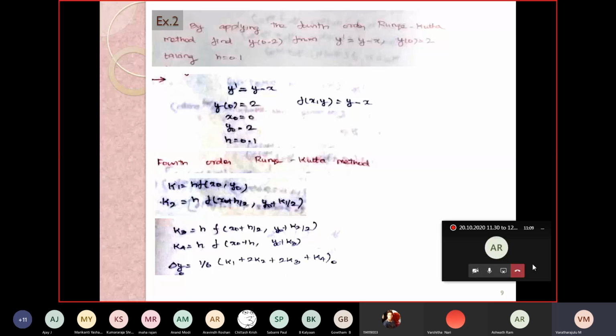In the first iteration we put h equal to 0.1, and for the subsequent one also we keep h equal to 0.1, but based on the past results we go ahead, and therefore we will get the value of y at 0.2. See here what happens: k1, k2, k3, and delta y, k4 and delta y for the first iteration, that is h equal to 0.1, but our x0 and y0 are 0 and 2, as given in the problem.